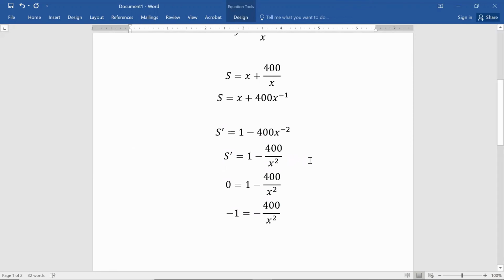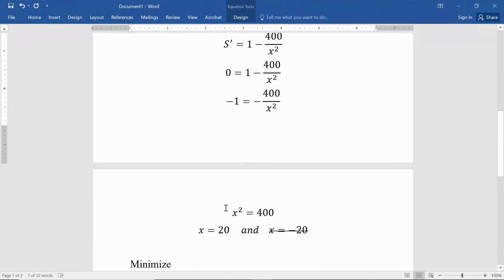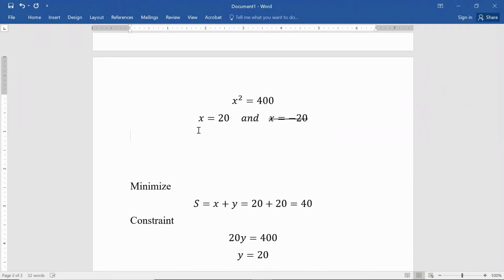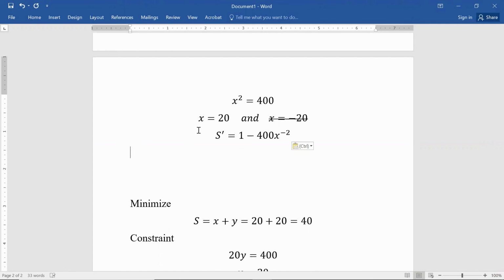I skipped over the step where I show that this is actually a minimum by calculating the second derivative. So if you wanted to, you can calculate the second derivative, S double prime, equals, the 1 goes to 0, and this becomes positive 800 x to the negative 3.